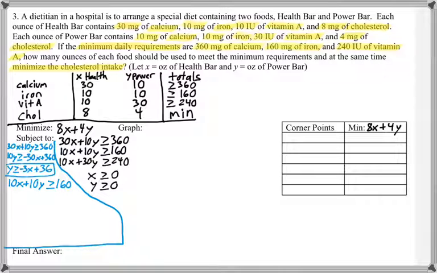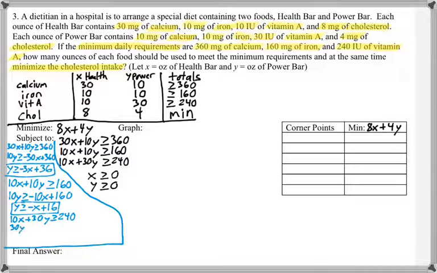Now let's look at the 10x plus 10y is greater than or equal to 160. I want to subtract 10x from both sides, and then divide everything by 10. So we get y is greater than or equal to negative x plus 16. And then we're looking at 10x plus 30y is greater than or equal to 240.